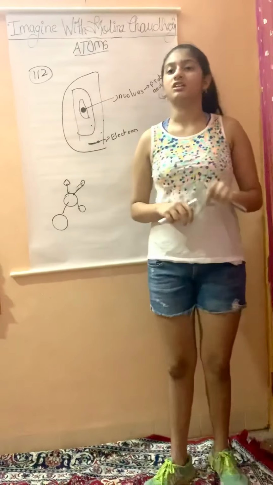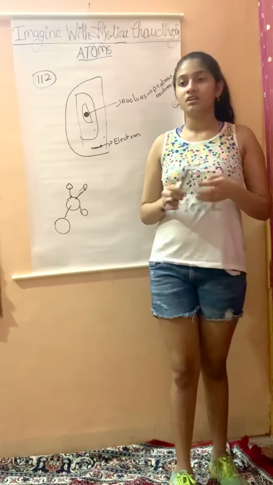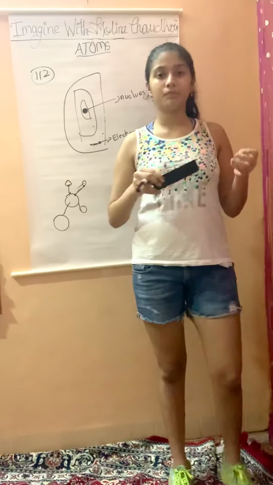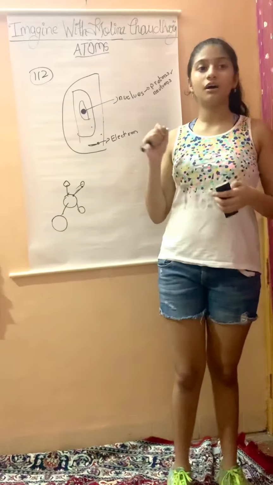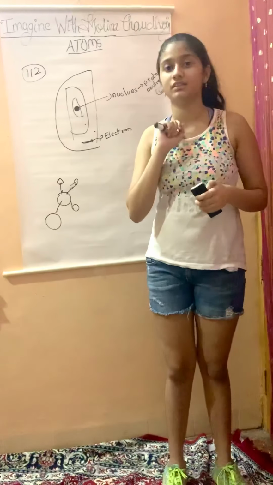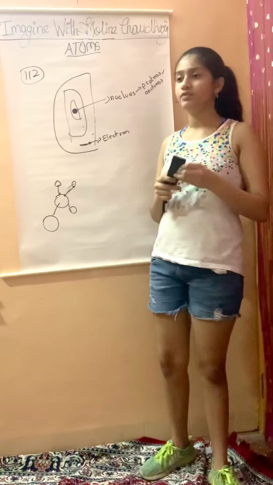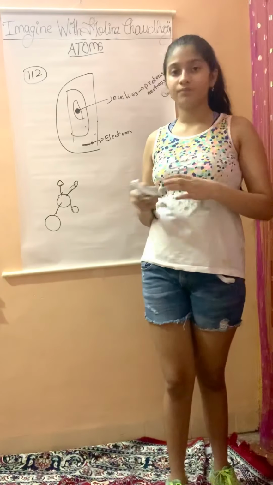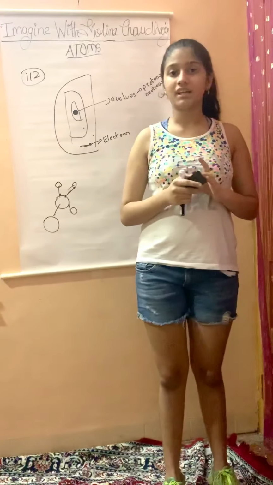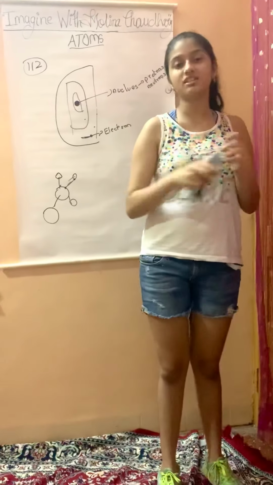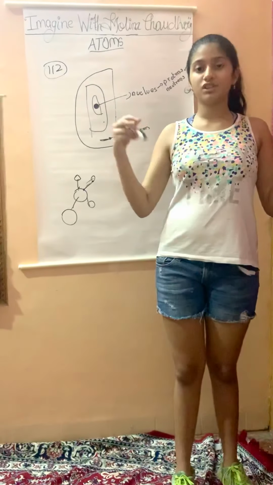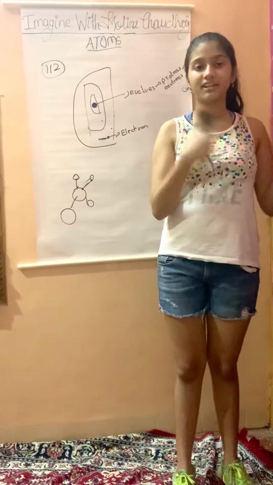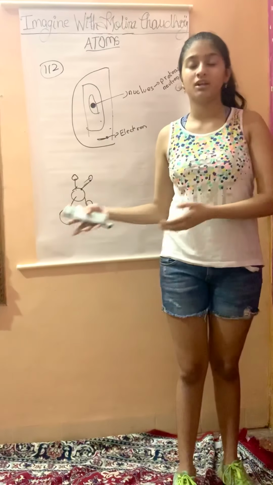One more interesting thing about atom bombs: many scientists want to research how atom bombs react. So they have such chemicals on them and such machines that they don't get any harm from the atomic bomb.